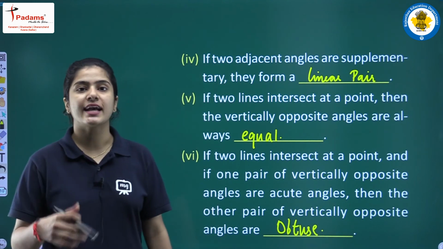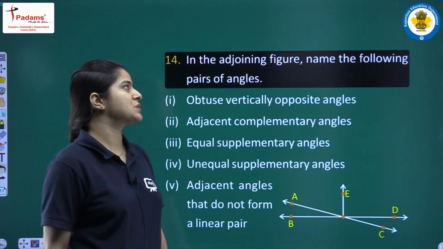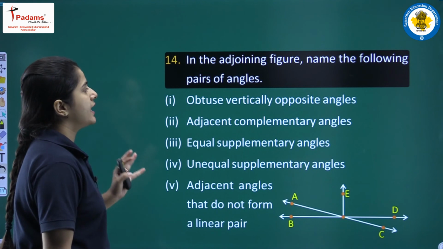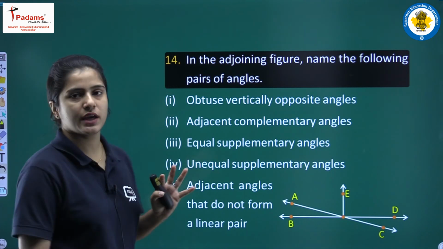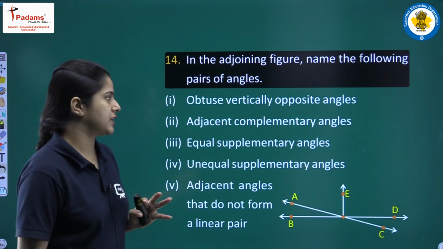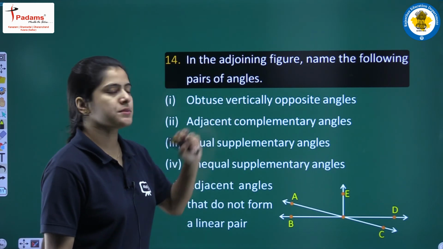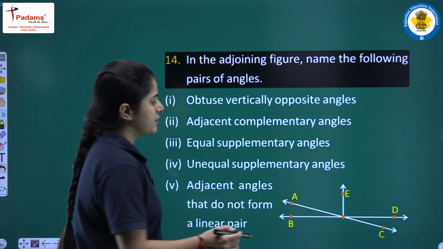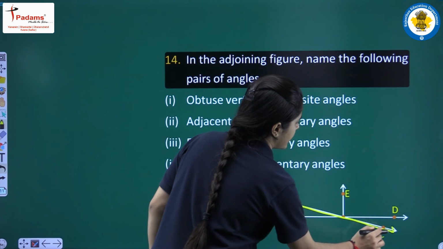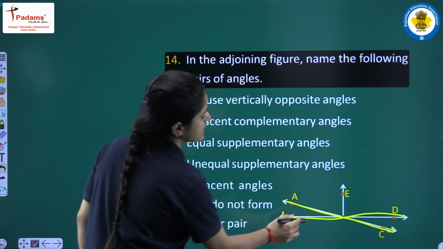Now students, looking at the next question, question number 14. In the adjoining figure, name the following pairs of angles: obtuse vertically opposite angles. Firstly, this is a line and this is a line, these are intersecting lines.